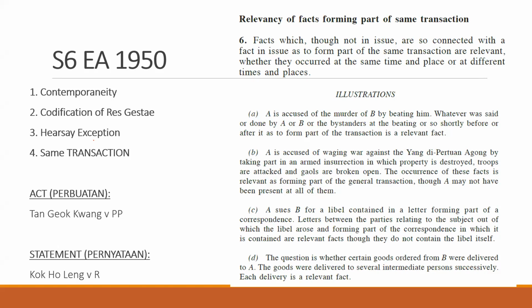So this statement can be admitted under Section 6 because there's no time for my wife to rethink, to fabricate, to concoct, to falsify, to evaluate what is the consequence of saying this statement. It just comes out from her mouth. So this thing happened in a very short instant of time. So must try to understand it.